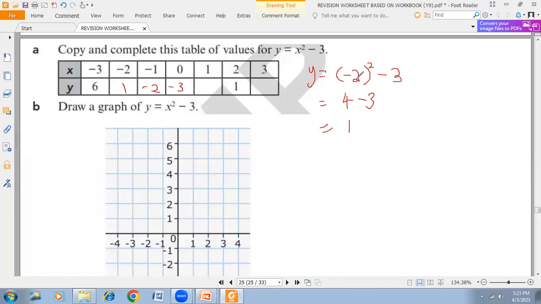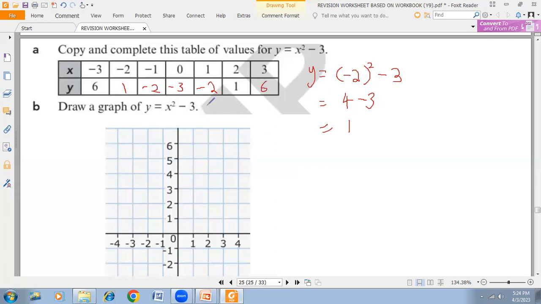And then if I put a 1, 1 squared is 1 again, minus 3, -2. And I put 2, 2 squared is 4, 4 minus 3 is 1. Very good. I got the correct answer. The next one is 3. 3 squared is 9. 9 minus 3 is 6.